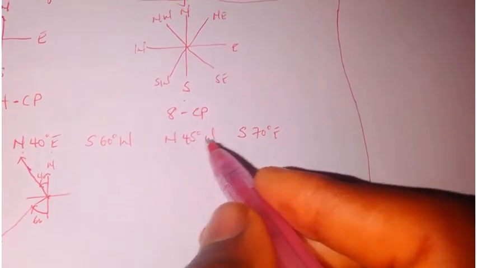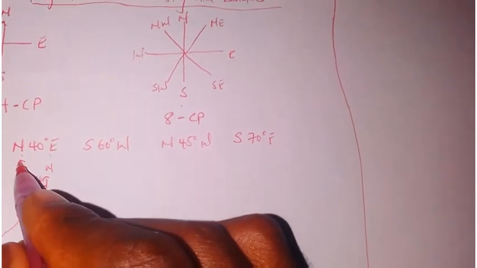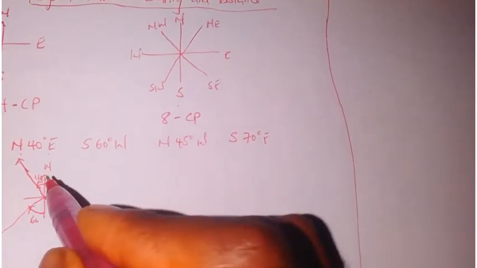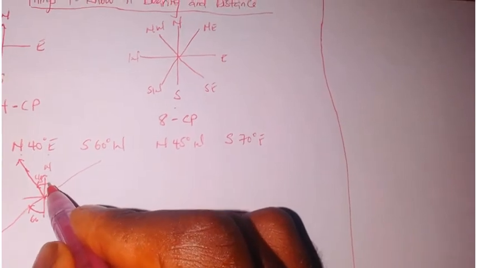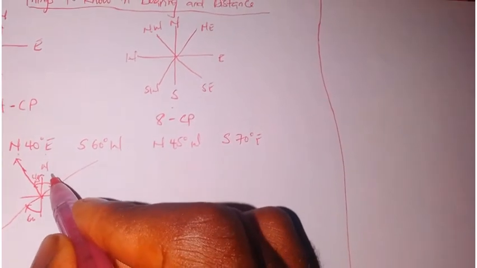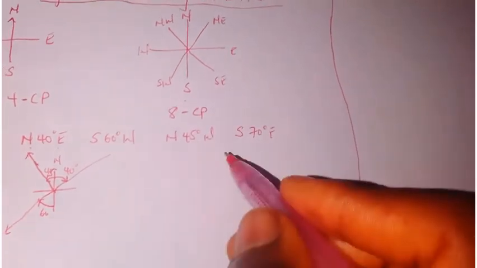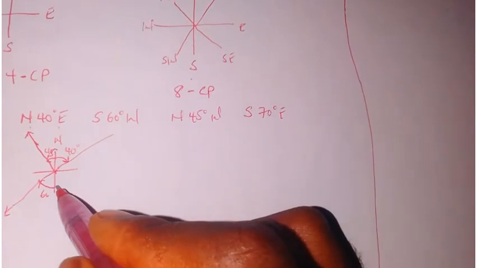For north 45 degrees west, this is for northwest. So this should represent my north 45 degrees west. Then this is for north 40 degrees east. From your north, trace 40, then represent it here. Then finally for your south 70 degrees east, this is my south.